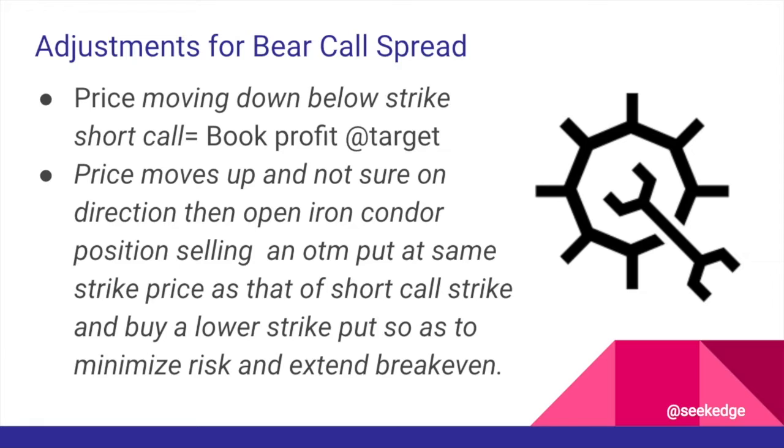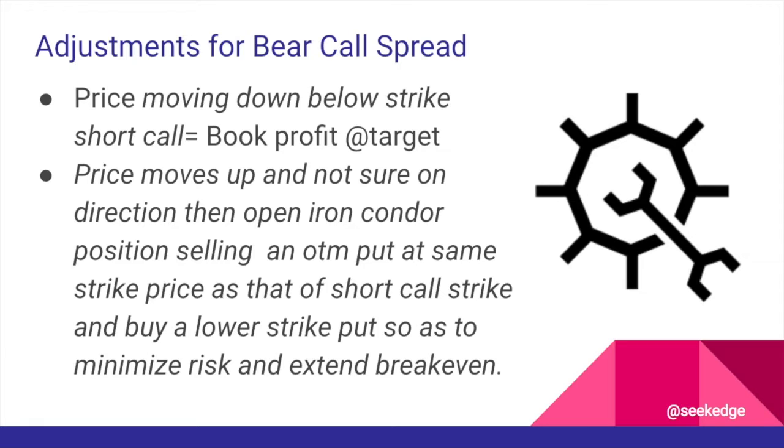One good way of adjusting the bear call is to convert that into an iron condor. So bear call will be having calls, and you will take a put spread on the other side, right? You will sell an OTM put at the same strike price as the call short strike, and then buy a hedge position with a lower strike put.